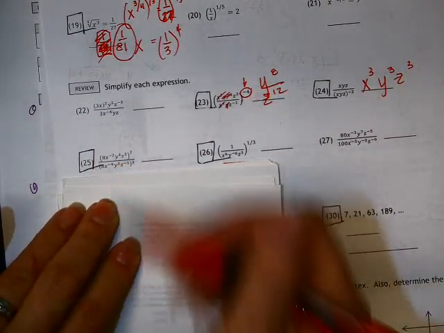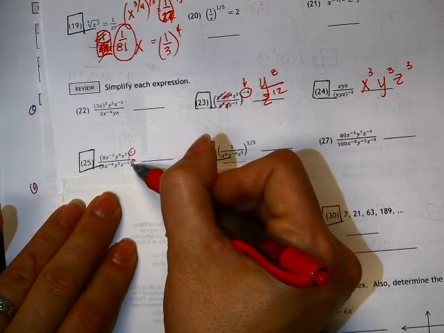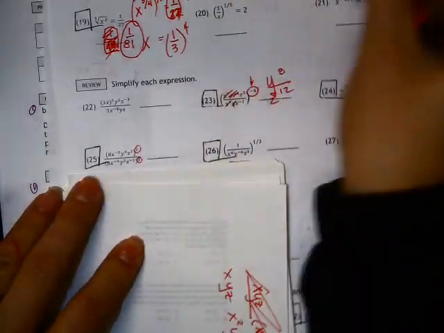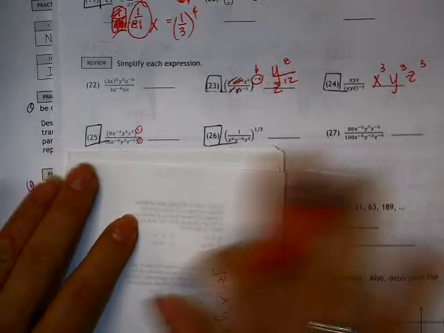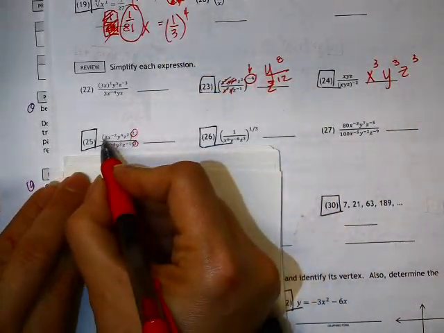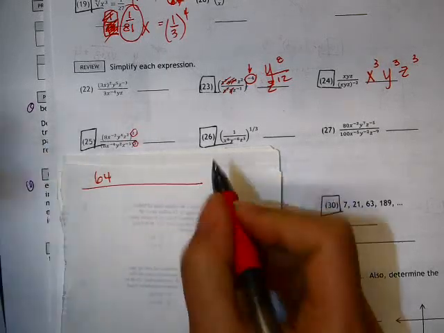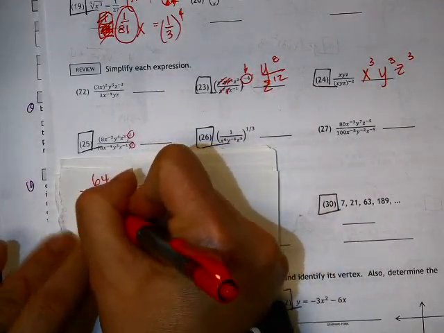This one here, again, very tempting to just start moving things around, like, oh, get rid of the 8s, but you see this here, I need to do it first. I have to do my exponents before I can do any sort of division, because PEMDAS says I need to do exponents before I do any sort of division. So, looking here, I'm going to get 8 squared, whereas on the bottom, I'm going to get 8 cubed, which is 512.